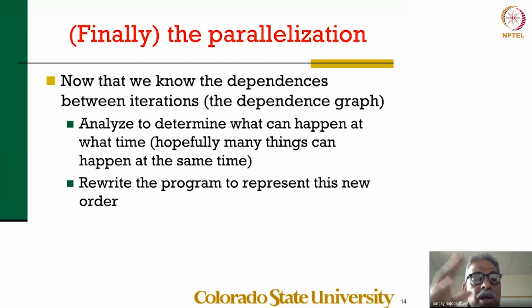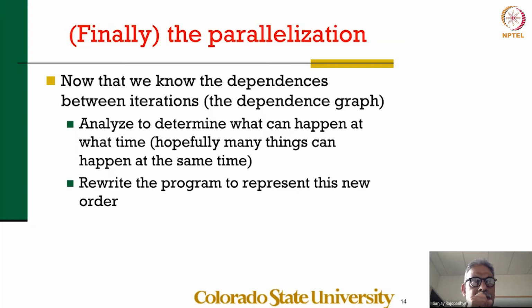Memory arrays have all gone out of the picture. Now we are going to analyze such a program and try and figure out whether there is parallelism, whether you can schedule it in a way that exposes this parallelism, and how do you construct a program that implements your desired schedule.